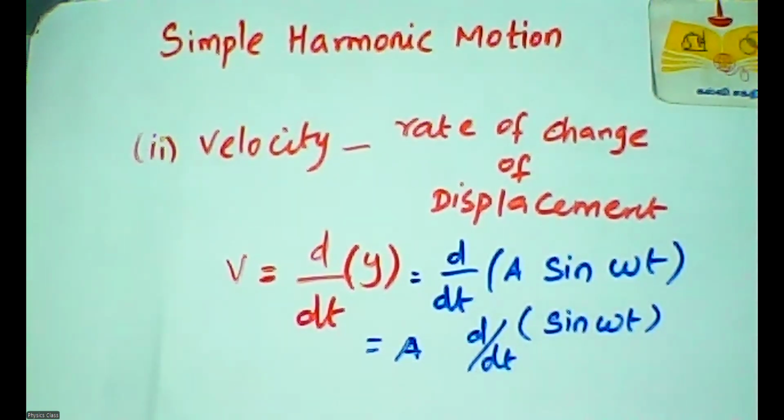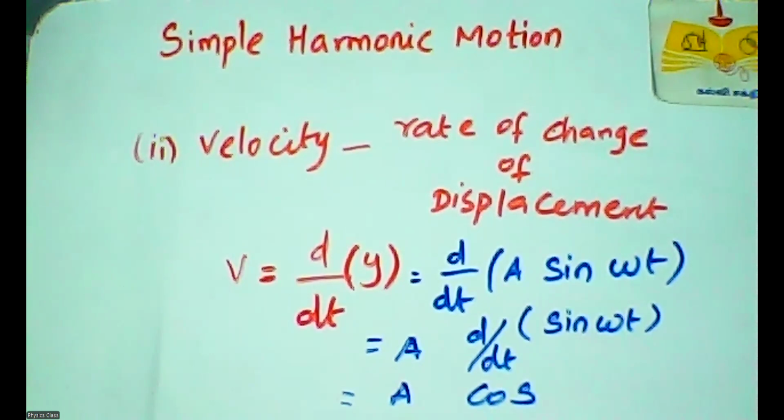So we have to differentiate sine omega t. How to differentiate? Differentiation of sine becomes cos.